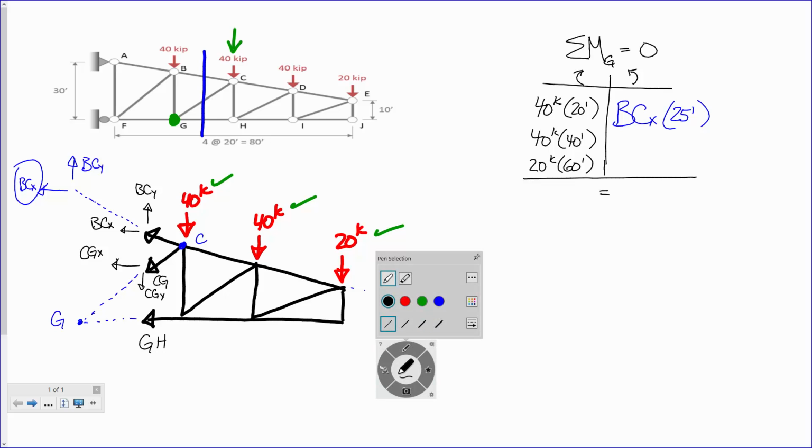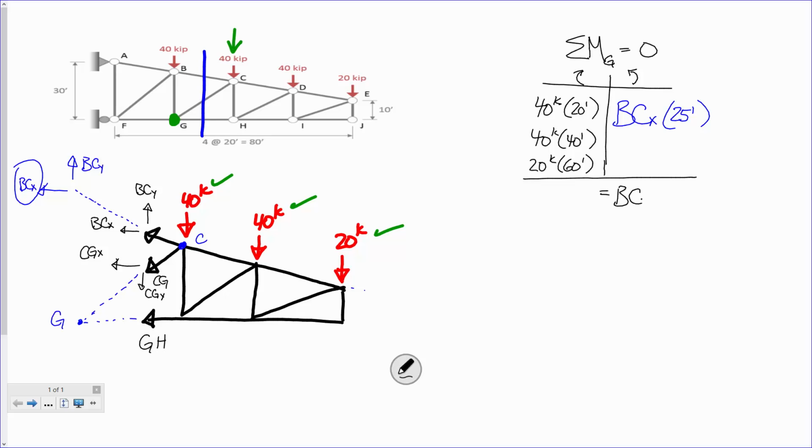So far, so good? So when you say sum of moments equals 0, basically all you're saying is that everything spinning clockwise has to equal everything that's spinning counterclockwise. So on the right side of the table, I've got BCX times 25 feet. And on the left side of the table, I've got, was that 40 times 20?